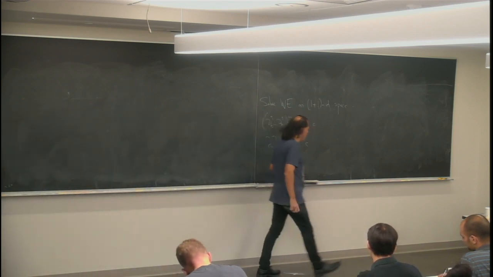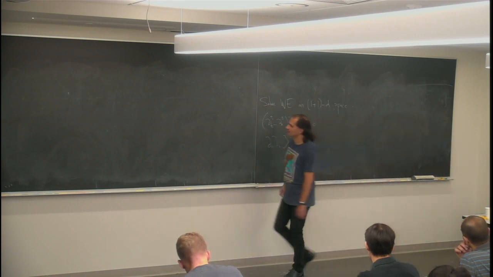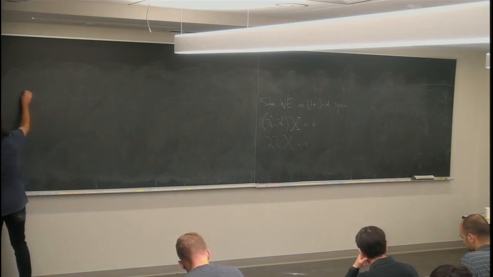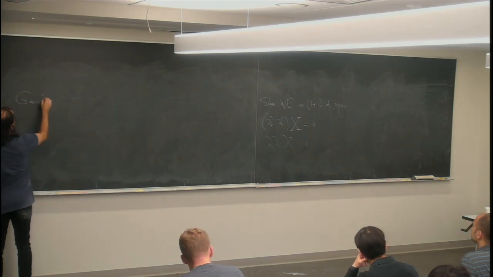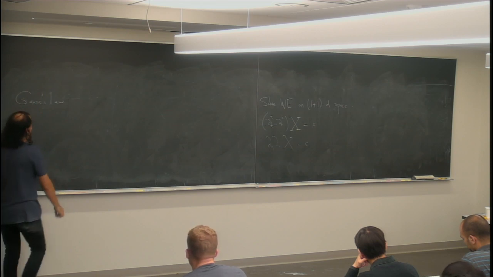First, it's very easy to solve. But the reason it's so easy to solve is that there's a beautiful Gauss's law for the wave equation in 1 plus 1 dimensions. It is simply the following statement.